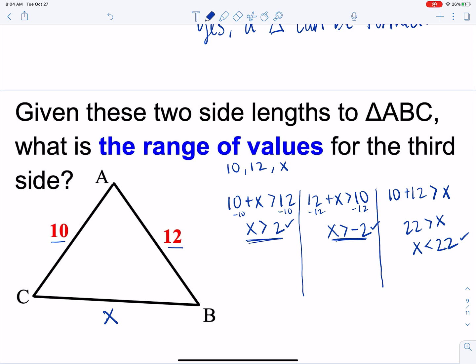So let's think about if we only satisfied this one and x was equal to negative 1. That would not work because negative 1 is not greater than 2. So we're using 2 as our lower boundary. X has to be greater than that, but it has to be less than 22.